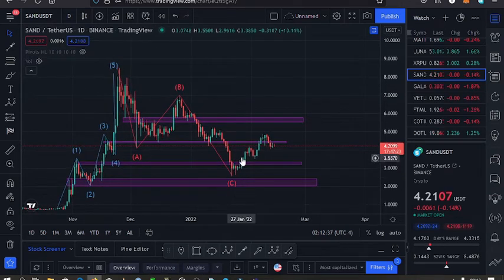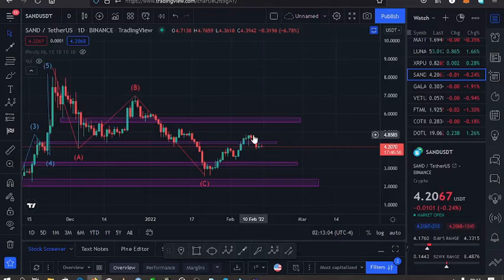We touched this resistance, turned it into support, and had a bounce to the upper side and broke even this resistance that we had on the $4.59 mark, went above it to around the $4.9 mark, and from there we started having lower prices for sand in this move that is over here.